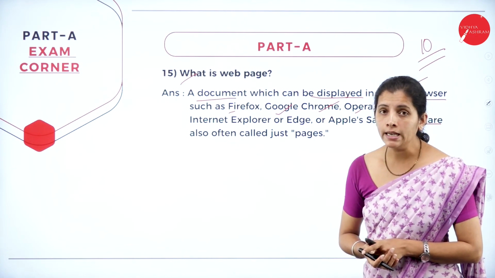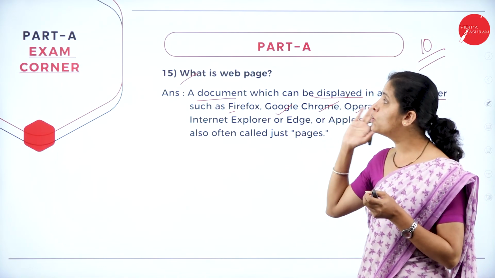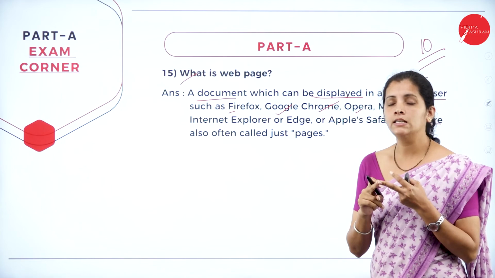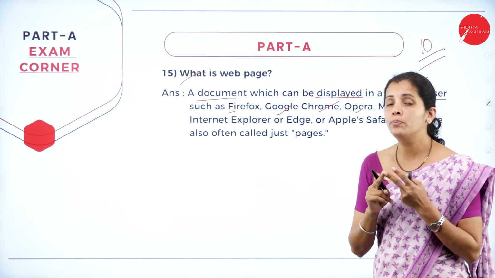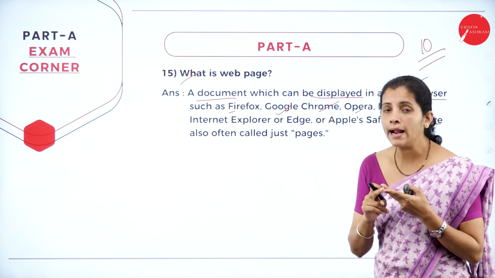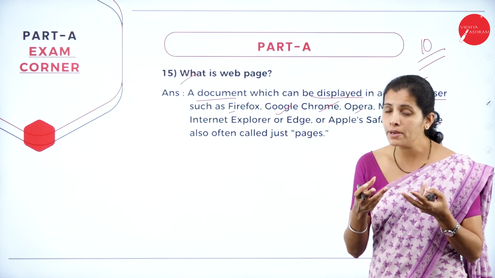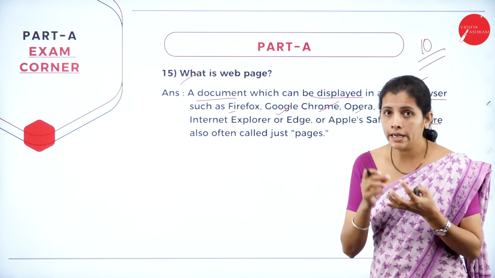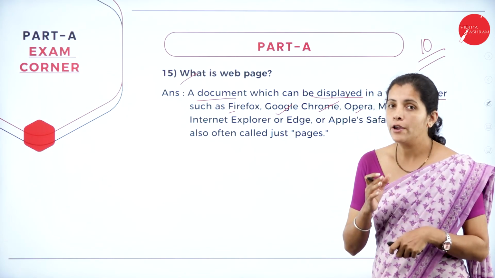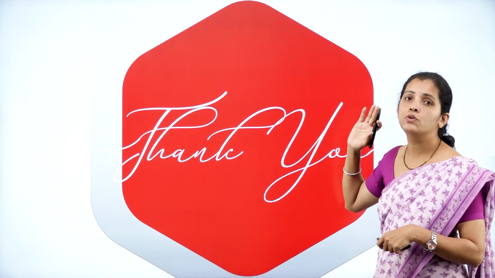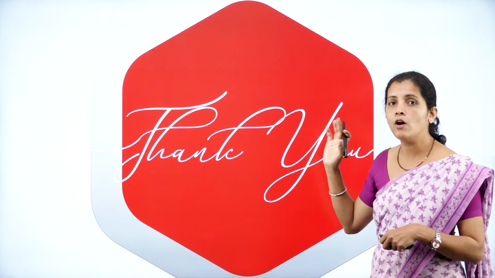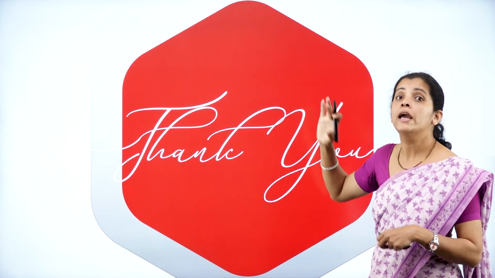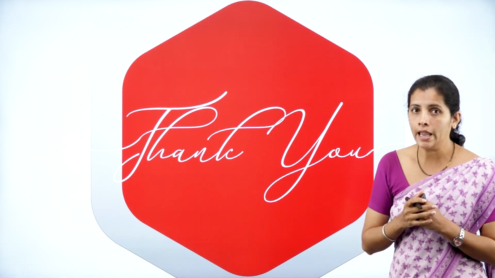So dear student, in today's session, you got information about the chapter blueprint, that is the complete subject blueprint, as well as the question paper pattern, as well as the model question paper, along with the solution of part A question paper. I hope in today's class you got complete information about part A. That means how the questions appear under part A.